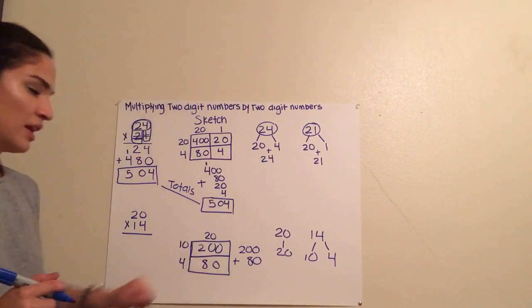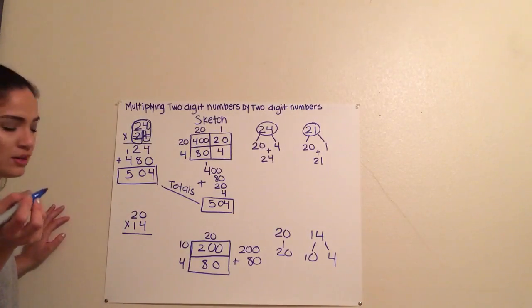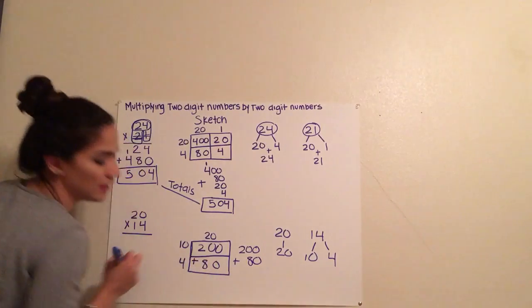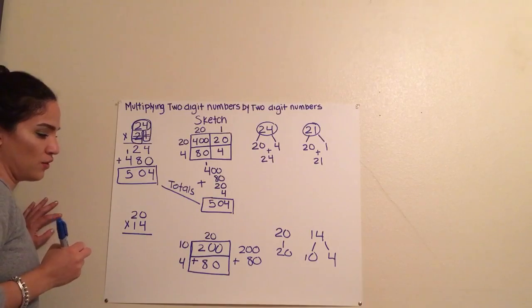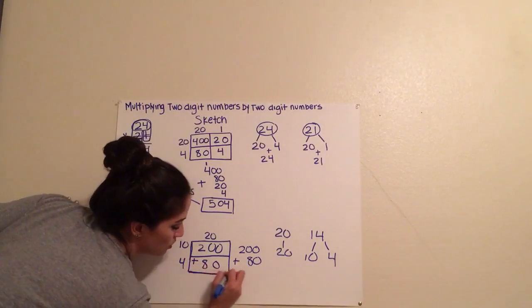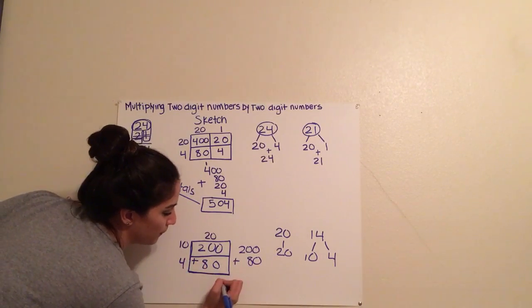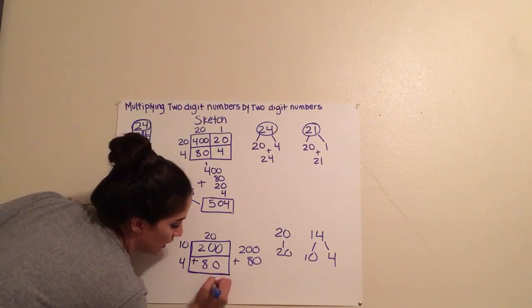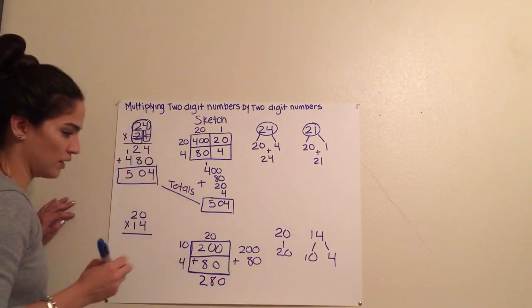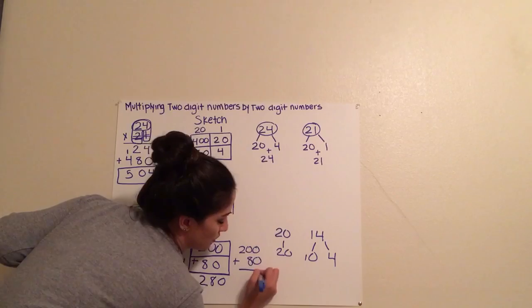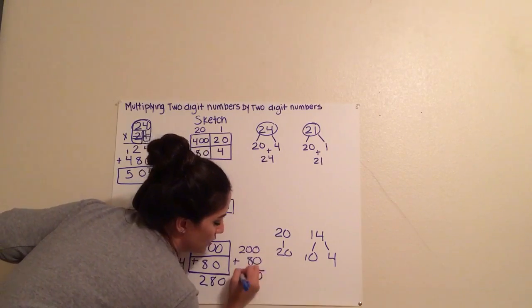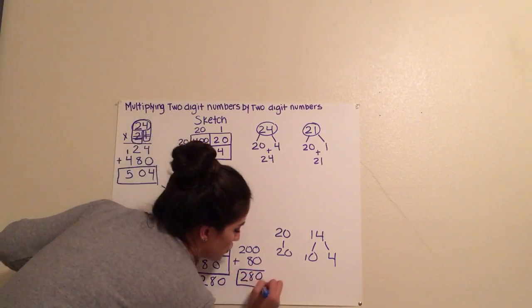And sometimes when they end up like that, I tell my students to just place an addition sign over there. And this line will be our total, and we can start adding: 0, 8, 2. Now we go over here, 0, 0 plus 8 is 8, and 2. So we end up with 280.